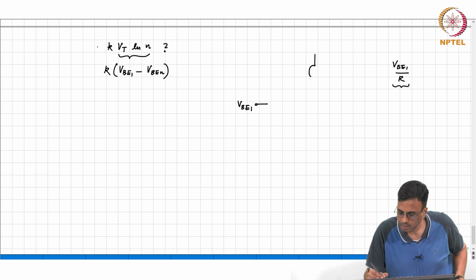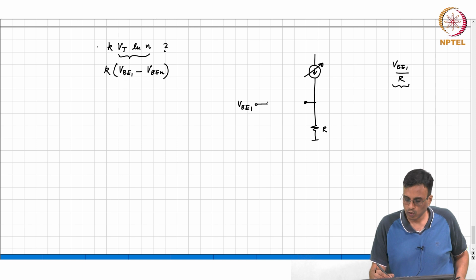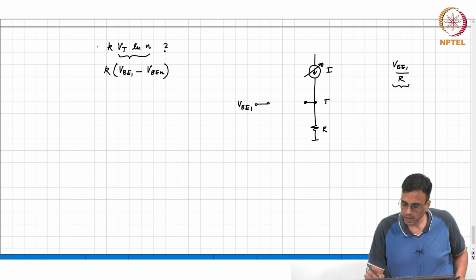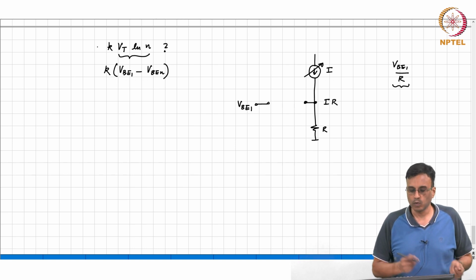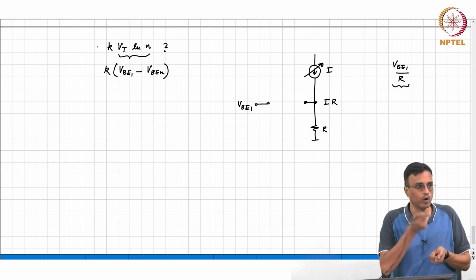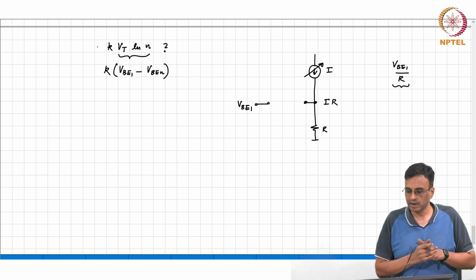So you have some variable current source, you will pass it through a resistor, so this is I, this voltage therefore is going to be IR. So you will put a voltmeter and turn the knob on I such that Vbe1 equals IR, right?